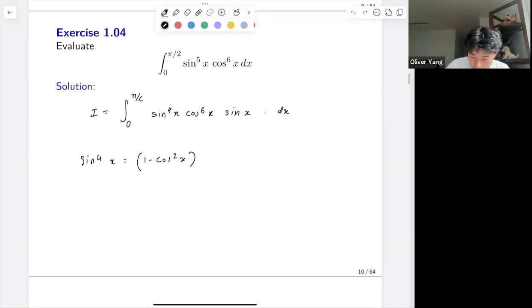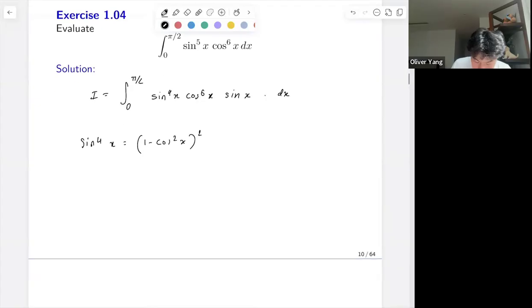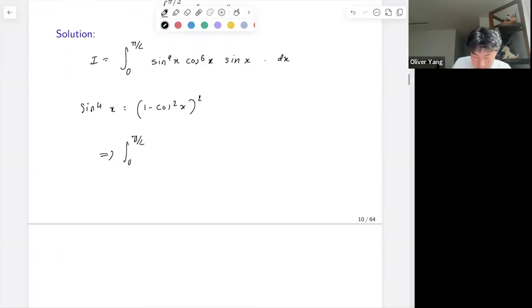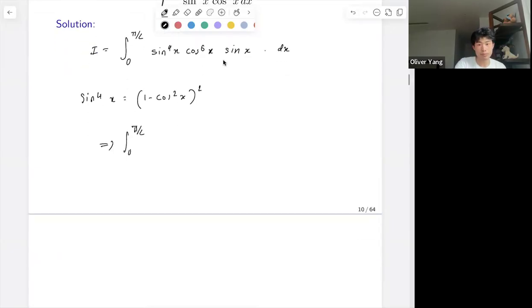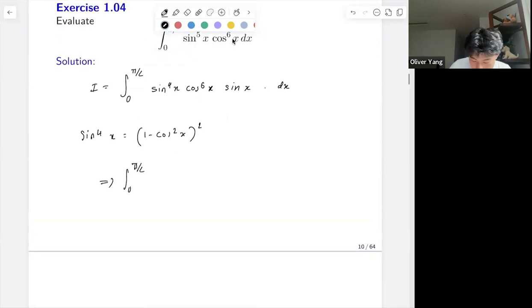After we use this trig identity, we can sub it in. So therefore our integral becomes the integral from 0 to pi on 2 of 1 minus cos squared x, squared, times cos 6x sine x dx.